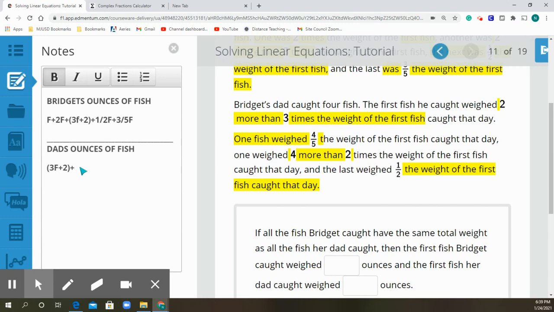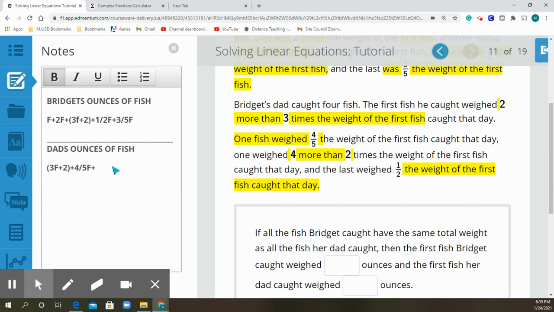So 4/5 F, plus a fish that weighed 4 more than 2 times the weight of the first fish.